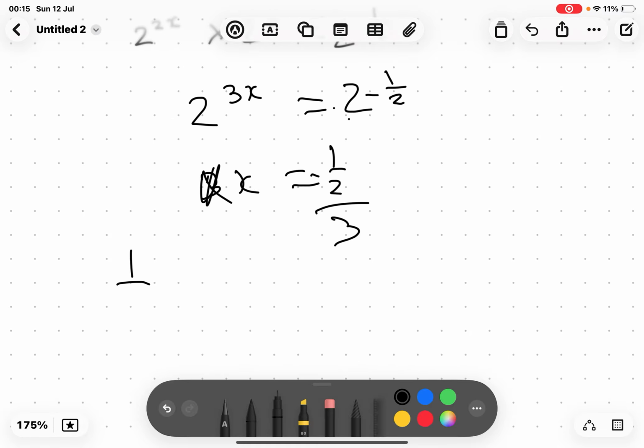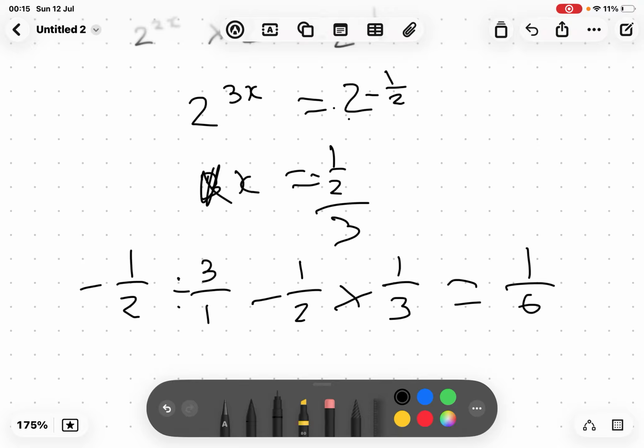So 1 half divided by 3, we make it this, and when we divide, we flip and make it times. So when we solve for x and divide negative a half by 3, we get negative a sixth, sorry. So that is the value of x. This is what x equals. Damn, that was long. Goodbye.